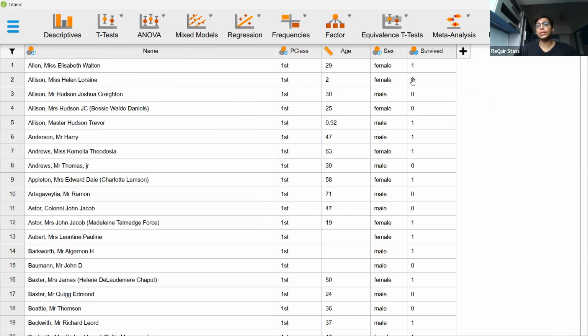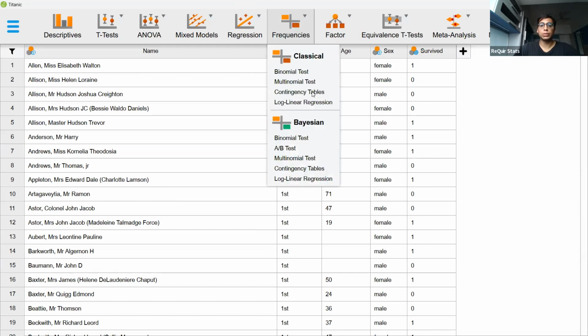We would also like to get some contingency tables, not 2x2 necessarily, because class has 3 levels. So we'll go to frequencies, and then to contingency tables.